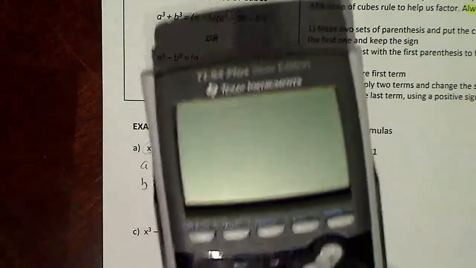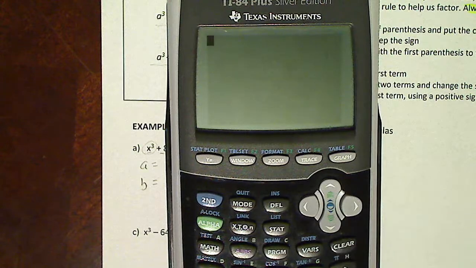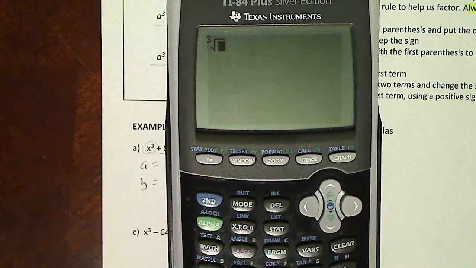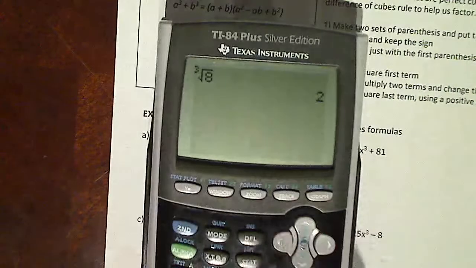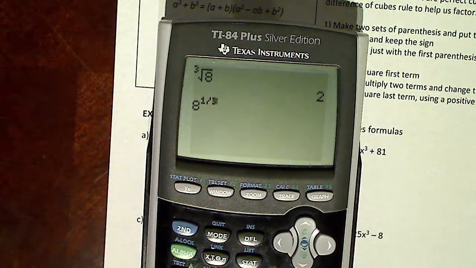If you don't know how to do a cube root, that's okay. There's a couple of ways you can do this on a calculator. Under math, number 4, there's a cube root, and the cube root of 8 gives you 2. You can also take the number and raise it to the 1/3 power, and also get the cube root.